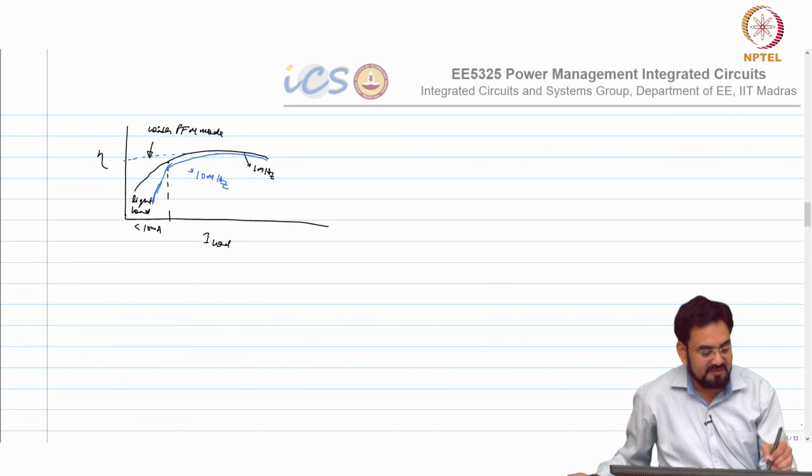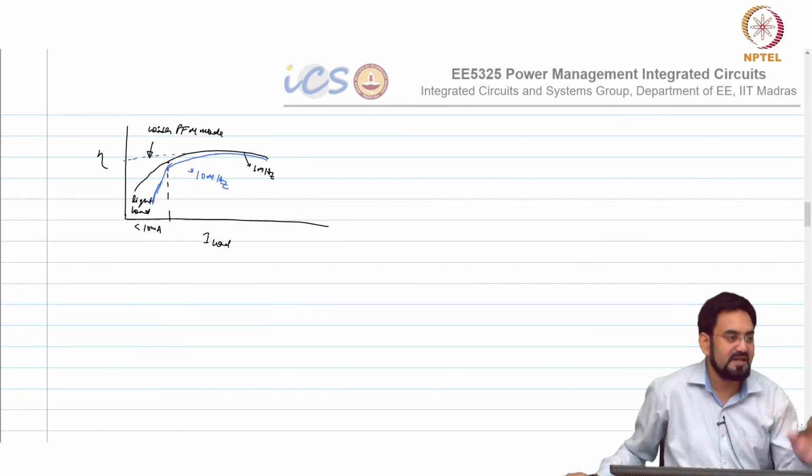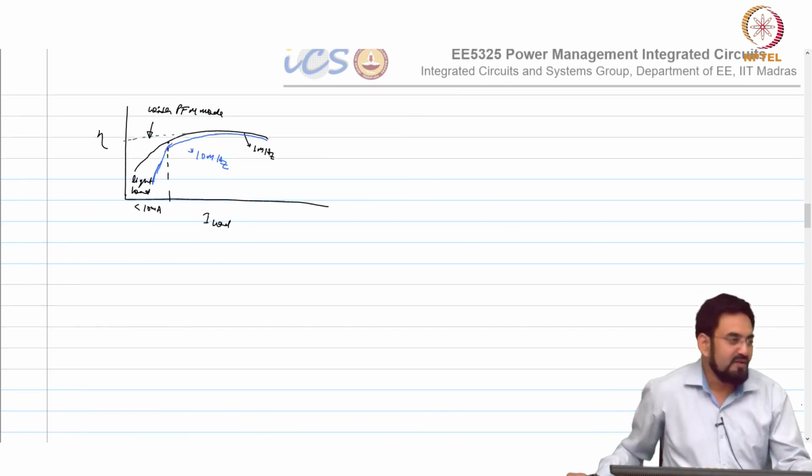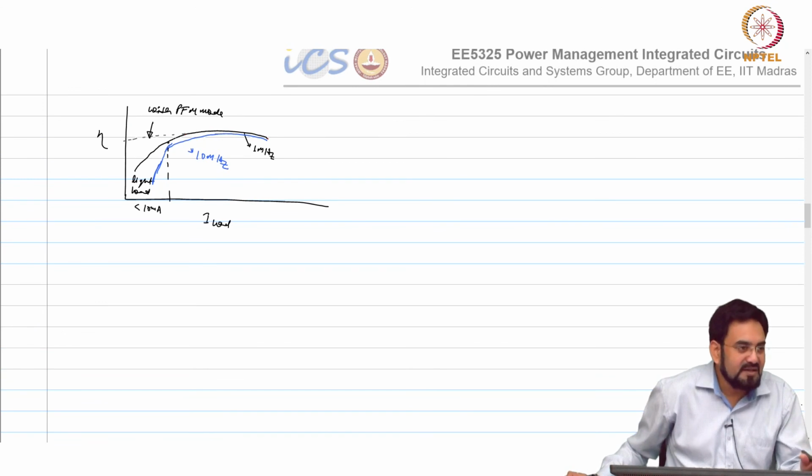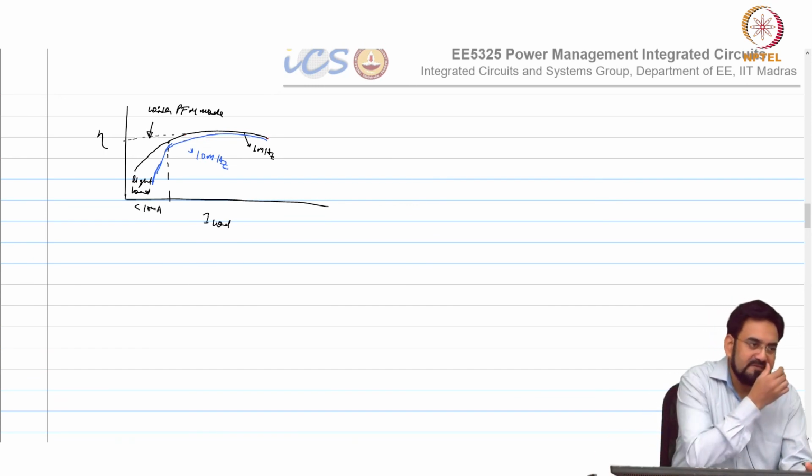But if you do not have a PFM mode, then you will get very bad efficiency at light load. So, for 0.18 micron, 1 amp current, it looks like 10 megahertz is not a big problem. You can easily operate and achieve high efficiency.